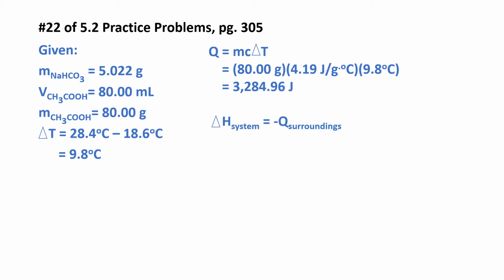acquired. And we know that it is opposite of the system. The system must have lost that heat, or given up that heat to the surroundings, in order for the surroundings to have gained it. So we say the enthalpy of the system is equal to the negative Q of the surroundings. And we can say that the delta H of the system is negative 3,284.9 joules, which is also equal to negative 3.2849 kilojoules.